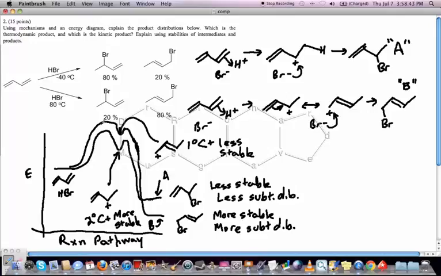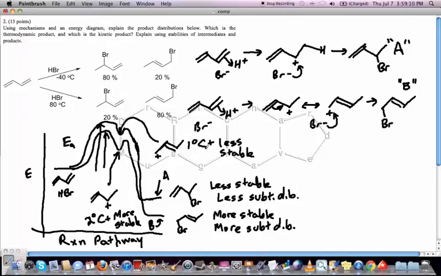So here is the activation energy for product B, and this is the activation energy for product A. The activation energy is defined as being the energy it takes to get from the reactant to the top of the highest peak here, and that's what we're looking at. So these are the two activation energies we're comparing.